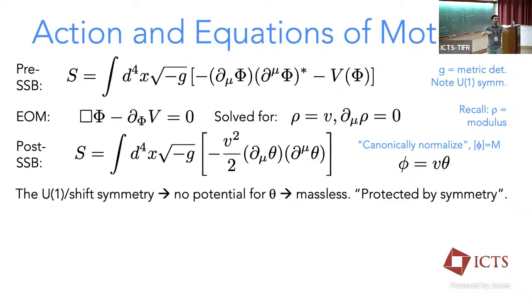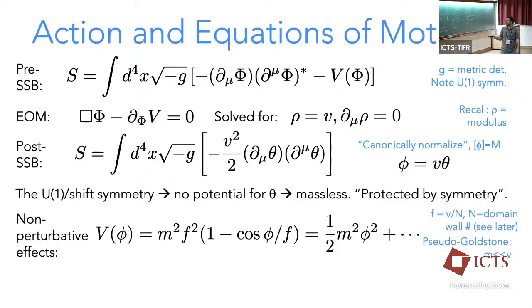This is just doing the maths of what I said in words on the last couple of slides. The non-perturbative effects correspond to introducing an explicit potential for the field theta. I've canonically normalized it here. That just means theta has no mass dimension. Theta is dimensionless. It appears in a phase of a complex number. But I can make a canonically normalized field with mass dimension 1 by taking the v inside.